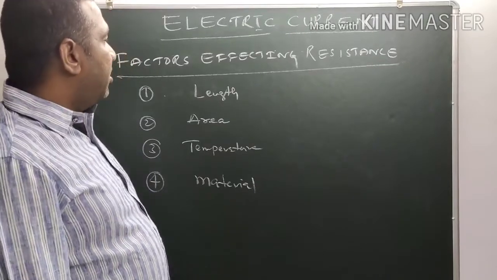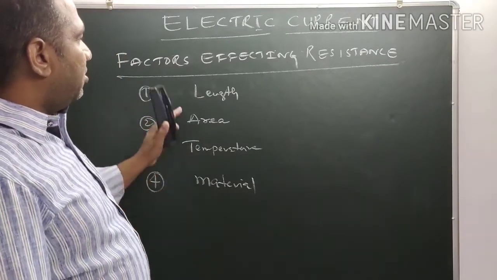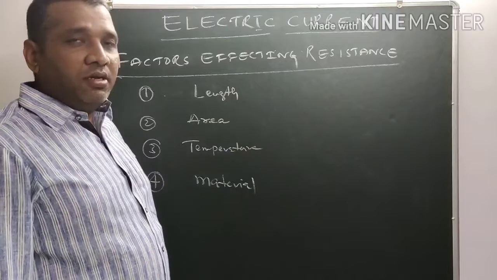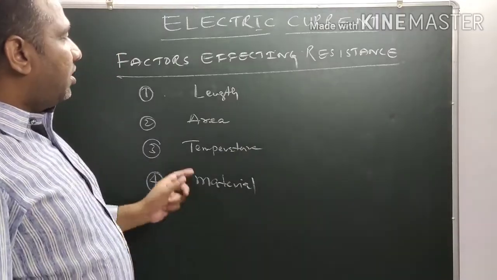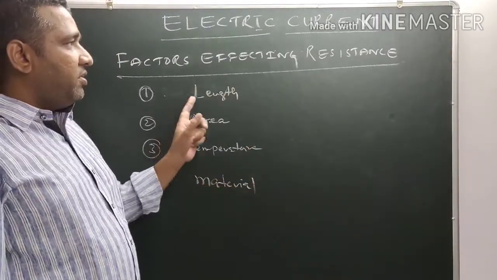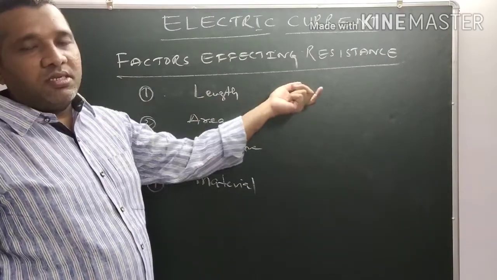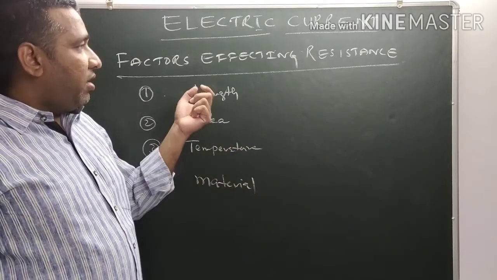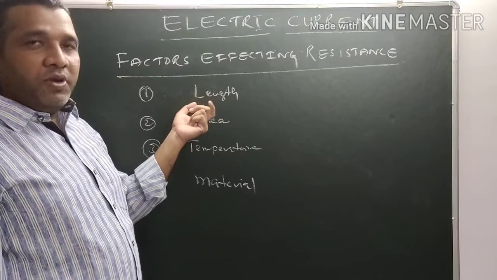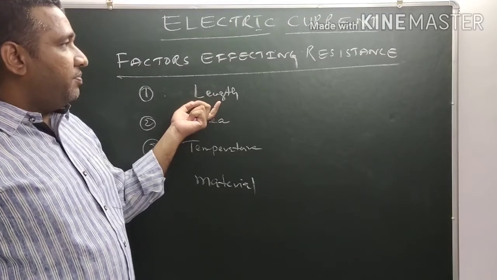The next very important concept is the factors which affect the resistance. In which factors will the resistance value change? The resistance will change based on the length of the conductor.